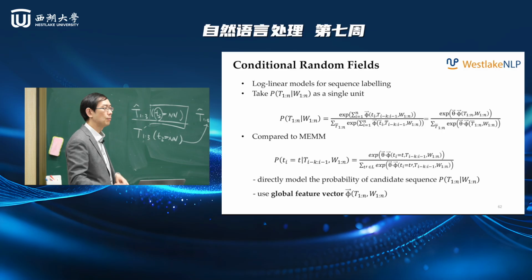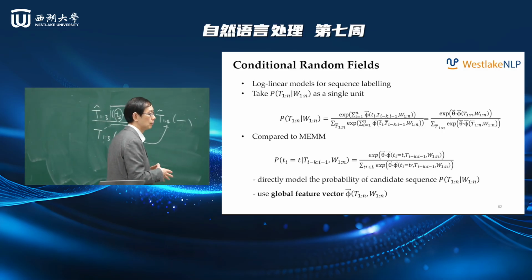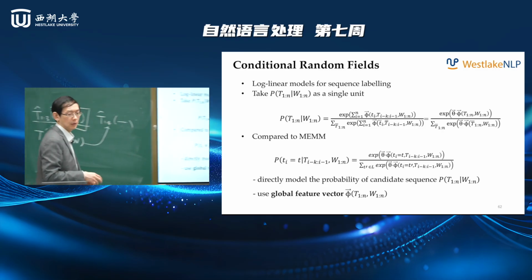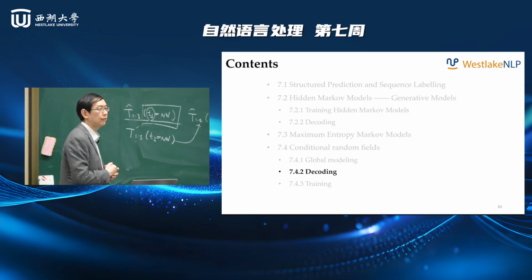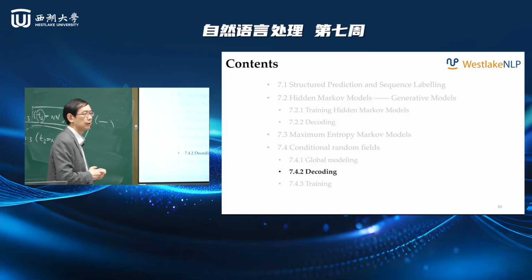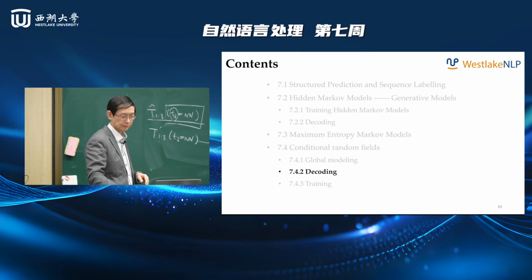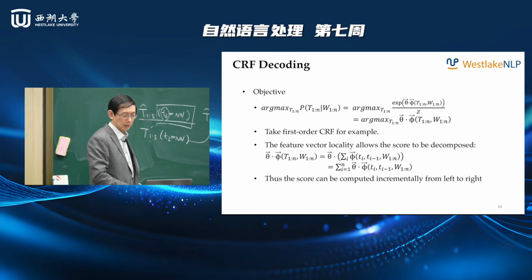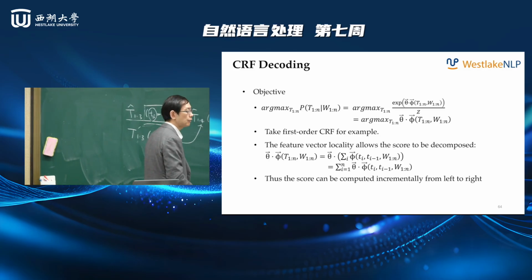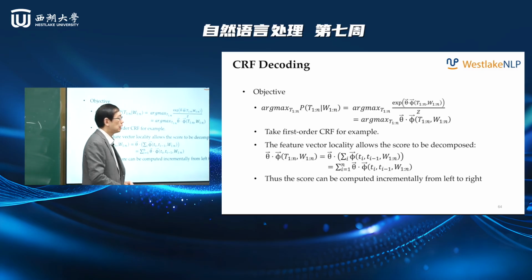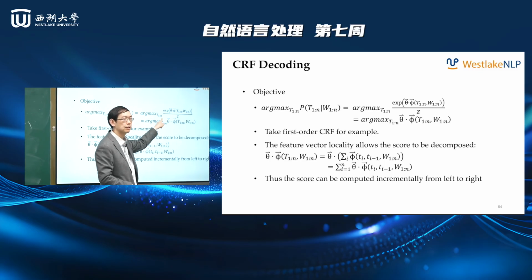Now, suppose that we already found a model. How do we find the highest scored tag sequence given a word sequence? Decoding. Well, because softmax is a monotonically increasing function, finding the highest scored softmax of something is similar to finding the highest scored something.